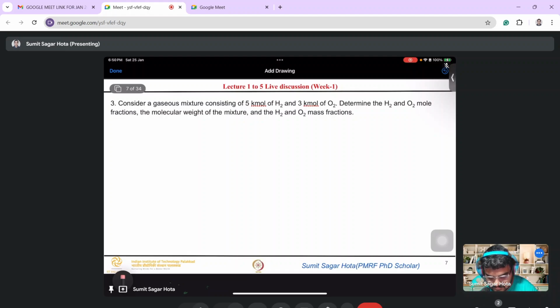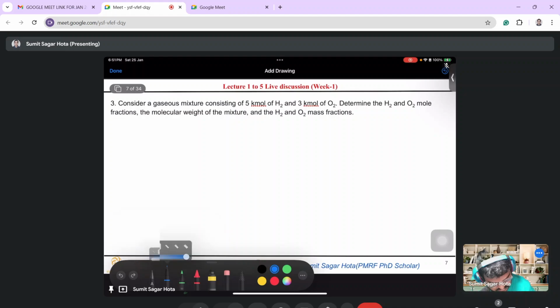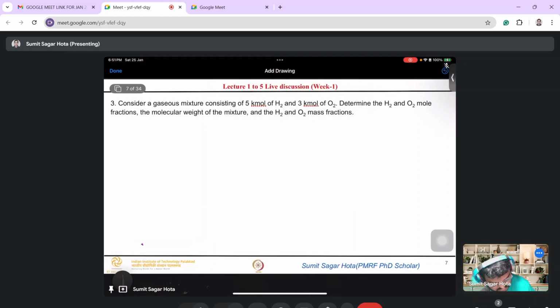So consider the gaseous mixture consisting of 5 kilomole of H2 and 3 kilomole of O2.